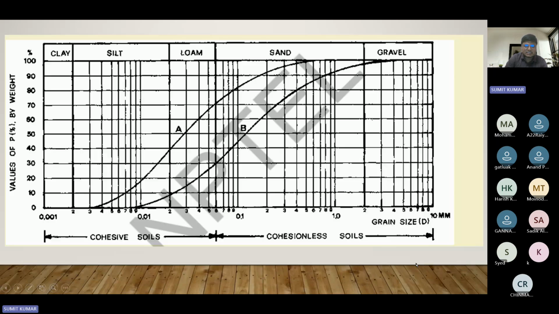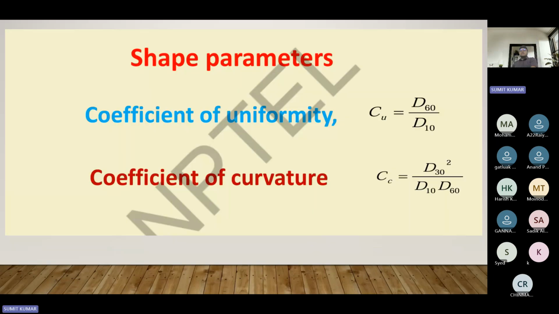Right. And this is a chart which is plotted on the basis of this sieve analysis, with the percentage by weight retained and over here the size, and on that also the cohesive and cohesionless soil is mentioned. We will discuss it once we start our problem sections as well. Now you see there are some important terms coming ahead.